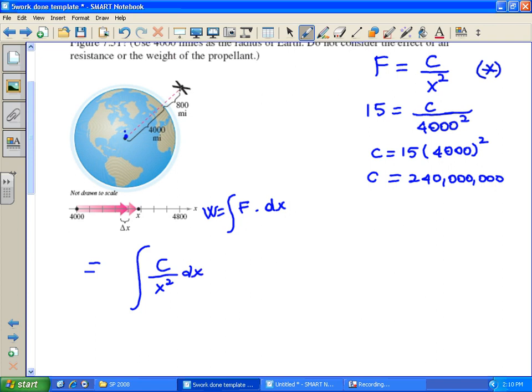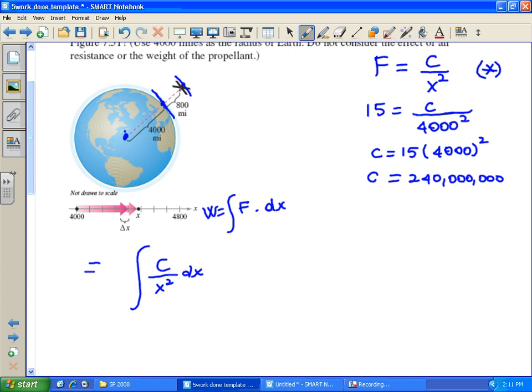And the question is, from where to where are we going to integrate this? So we're trying to find the total work done when it goes from this point to this point, right? So all the distances here are taken from the center of the Earth. So which two limits would you put for the limits of integration? For x equals, we're going from the surface of the Earth to 800 miles above the surface of the Earth.